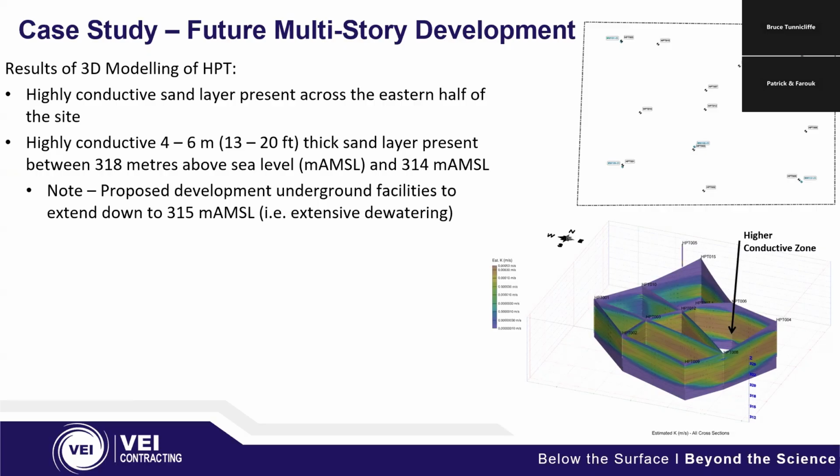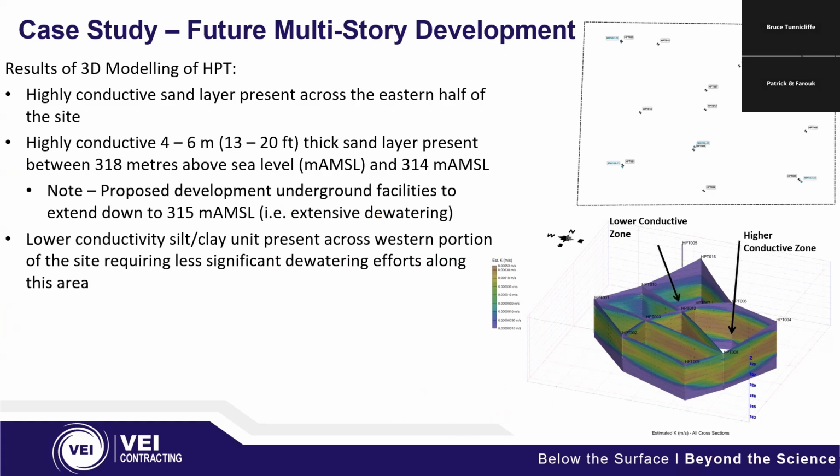The proposed development had extended its underground parking down to 315 meters, and based on that hydraulic conductivity, that is going to indicate to us that you're going to need extensive dewatering, based on that quick analysis. Those lower conductivity units on the western end, maybe you're not going to need that much dewatering over there because the natural geology will help combat that.